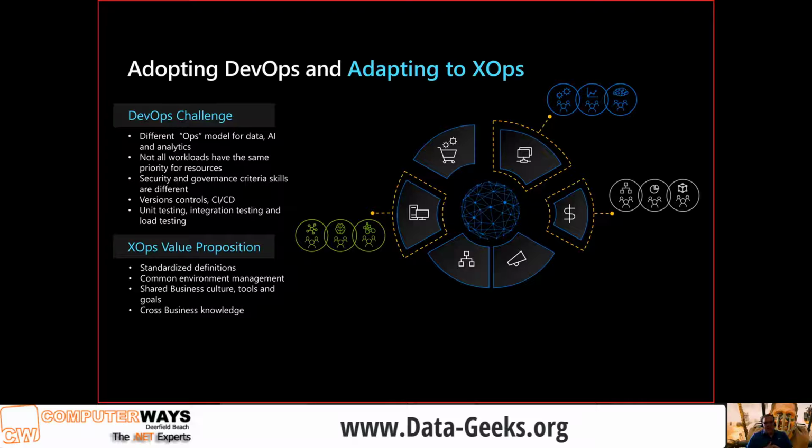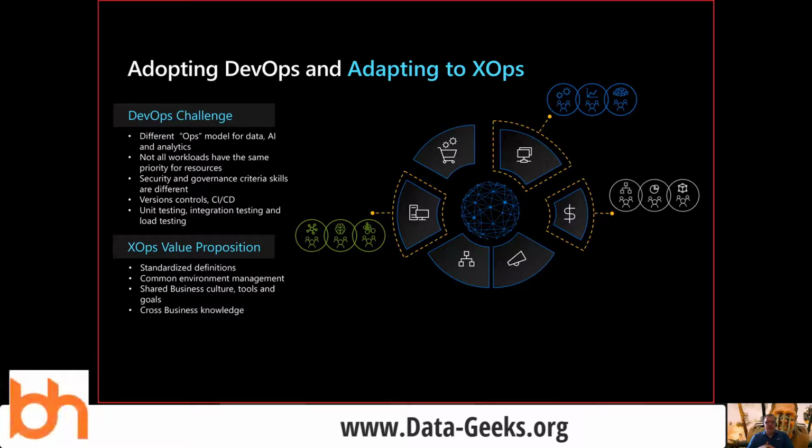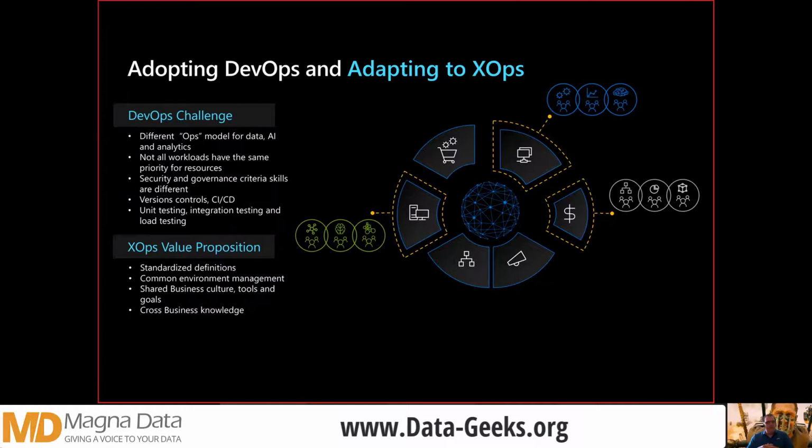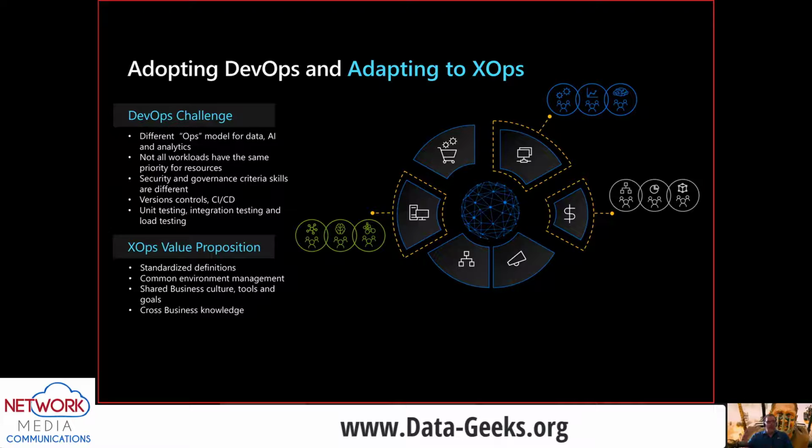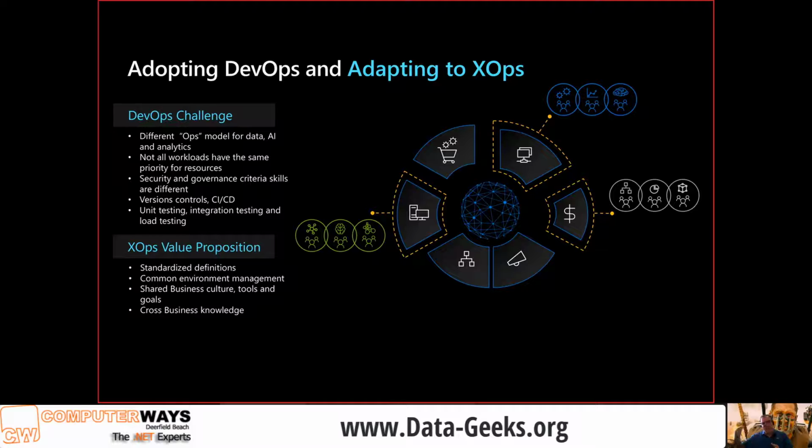And one of the top 10 trends was the adoption of XOps. Everyone on this call and watching this must have heard of DevOps. DevOps is development as an operational practice. It enables the ability to collaboratively, iteratively and continuously develop, deploy, and test.